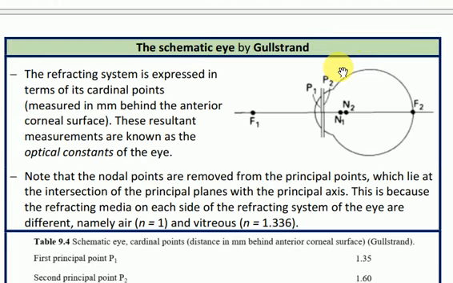So this is the first principal point, 1.35 millimeters behind the anterior corneal surface. Second principal point, 1.6 millimeters. P1 1.35 millimeters, P2 1.6 millimeters. First nodal point 7.08 millimeters.